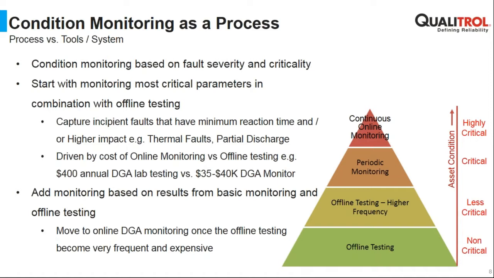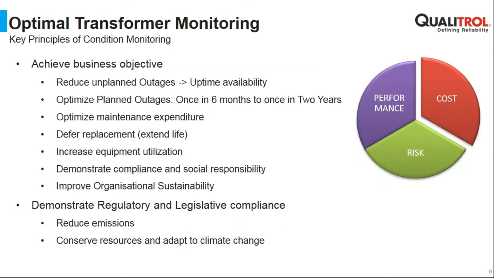Once the offline testing gives them a result showing the severity of the transformer condition, they move up the hierarchy, up the pyramid, from higher frequency of offline testing to periodic monitoring to continuous online monitoring. They can do this for DGA, for partial discharge, and they can follow the same process for bushing monitoring. So you can follow a similar process for any condition, any parameter on the transformers.